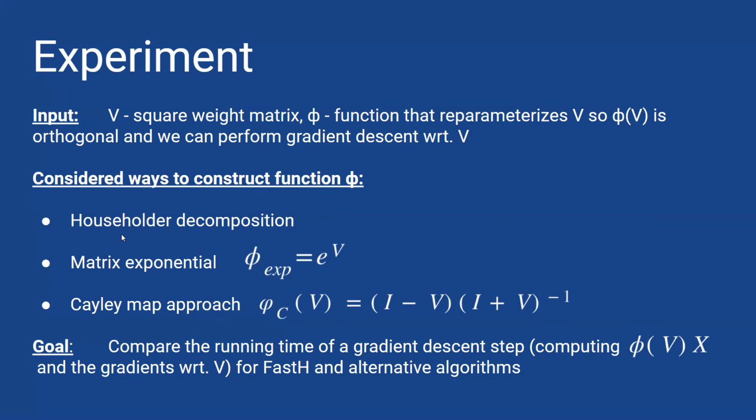The first one is Householder decomposition, which can be implemented in a fast way by using the FastH method, where the speedup is because of parallelization, or it can be done sequentially. Also, we consider the matrix exponential function and the Cayley map approach. Our goal is to compare the running time of a gradient descent step. It means that we compute the forward pass, phi of V multiplied by X, and then we compute the gradients with respect to V. And we compare FastH with the alternative algorithms.